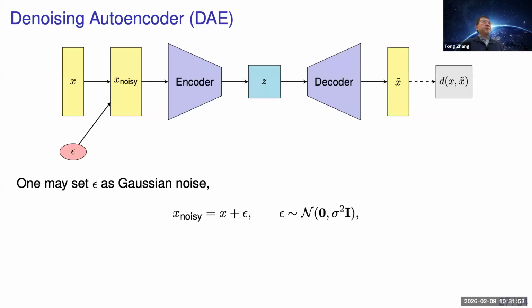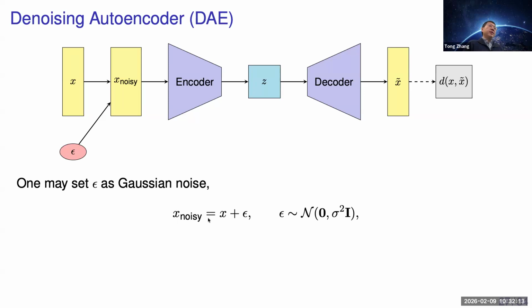The simple version is just adding noise, where the noise strength is a tuning parameter, sigma squared. It's a spherical Gaussian with variance sigma squared, and you add it to X, and this becomes your noisy input.